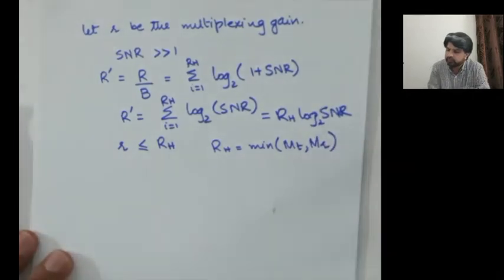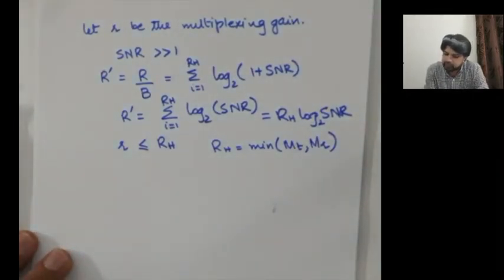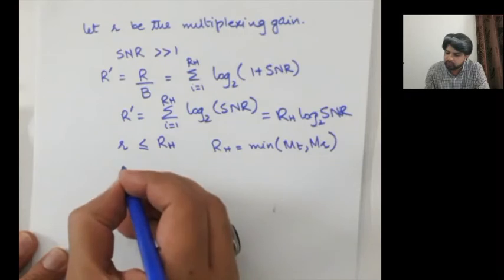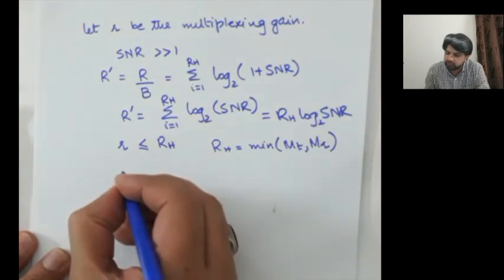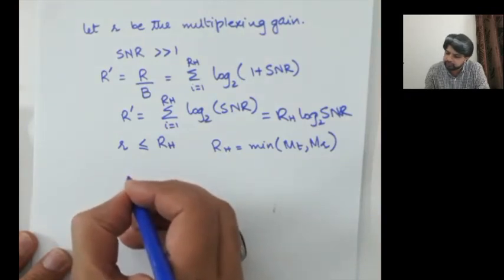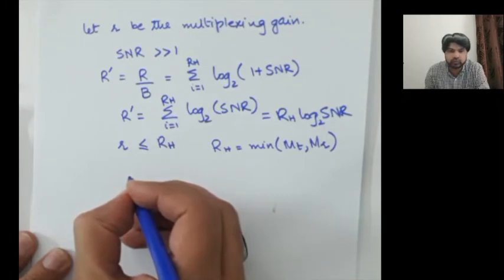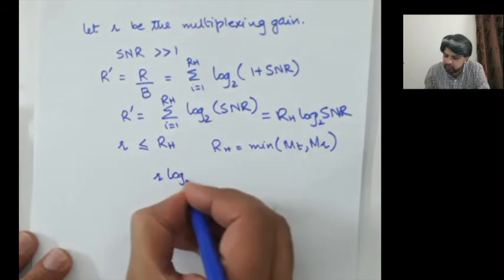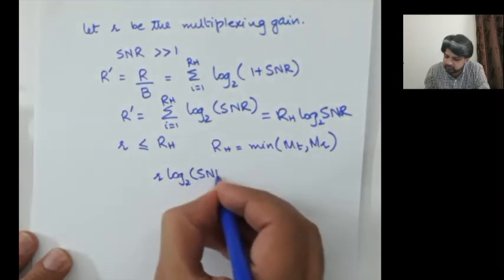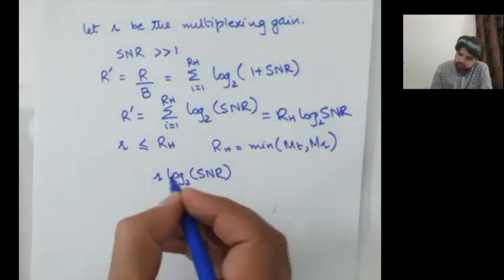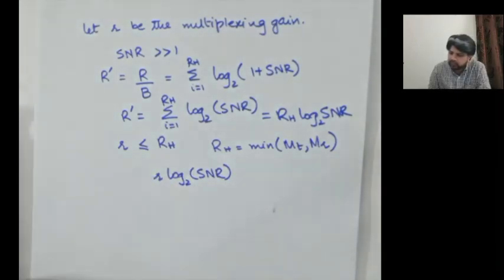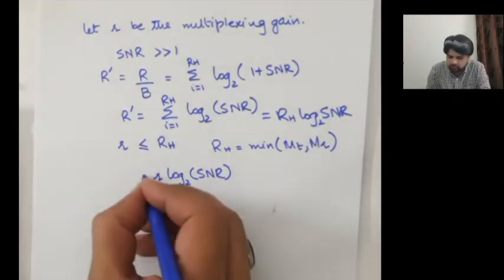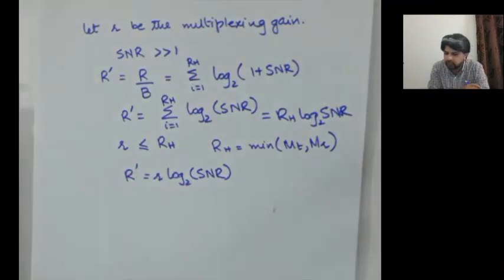So if you have, say, R streams instead of RH streams, then the data rate that you would transmit would be equal to R times log base 2 of SNR. That would be your maximum data that you would transmit. You can call it R prime, for example.